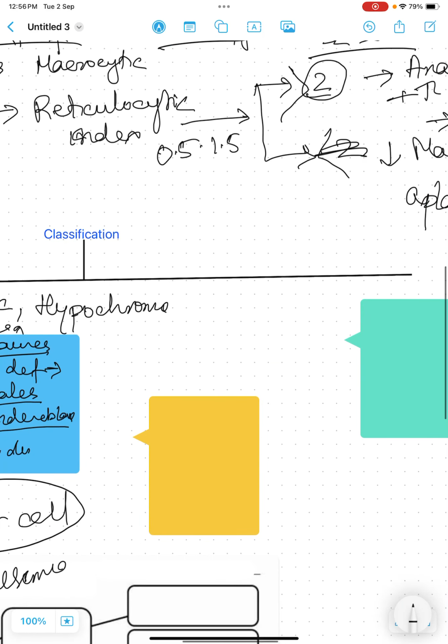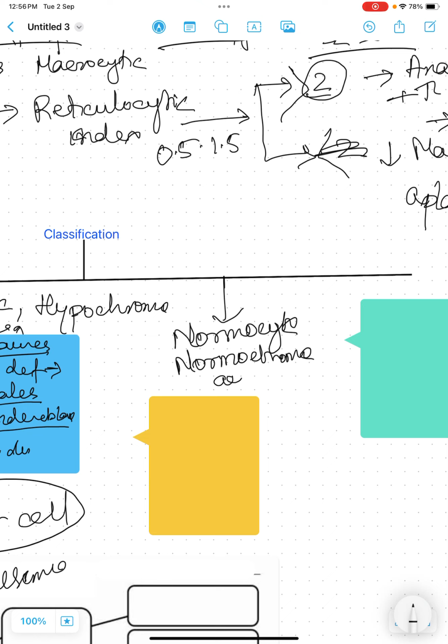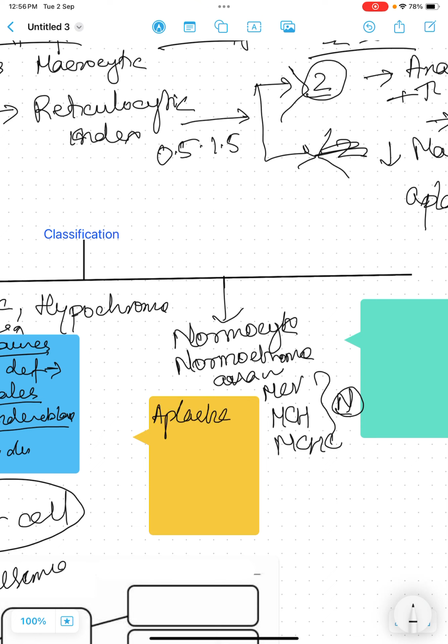Now coming to the range where everything is normal: normocytic, normochromic anemia, when MCV, MCH, MCHC are all normal. The common cause will be, of course, in the bone marrow: aplastic anemia, bone marrow failure due to radiation or viral effect.